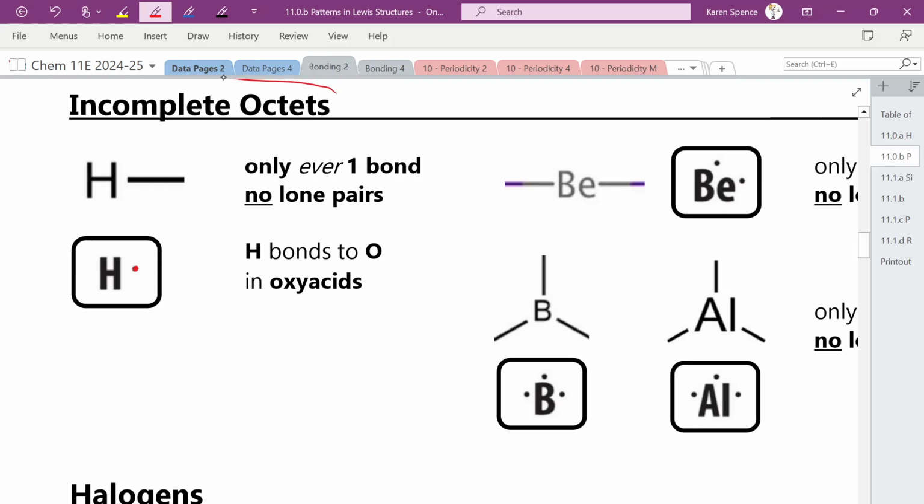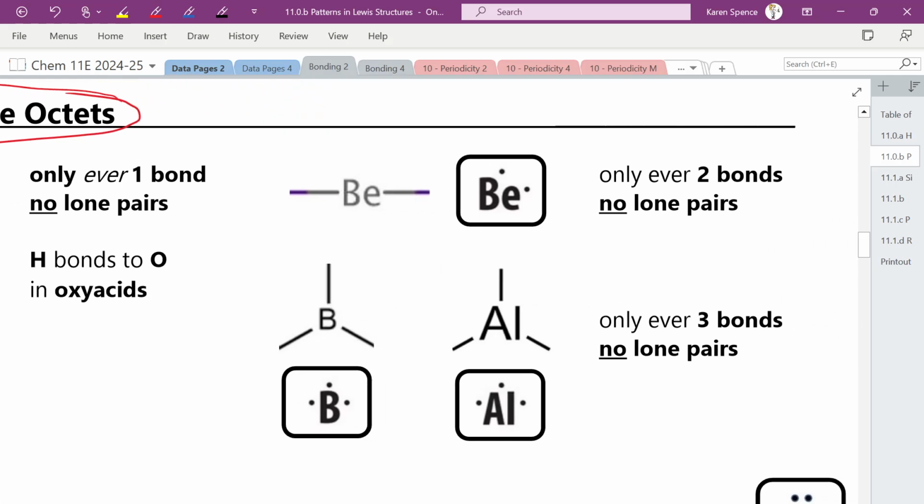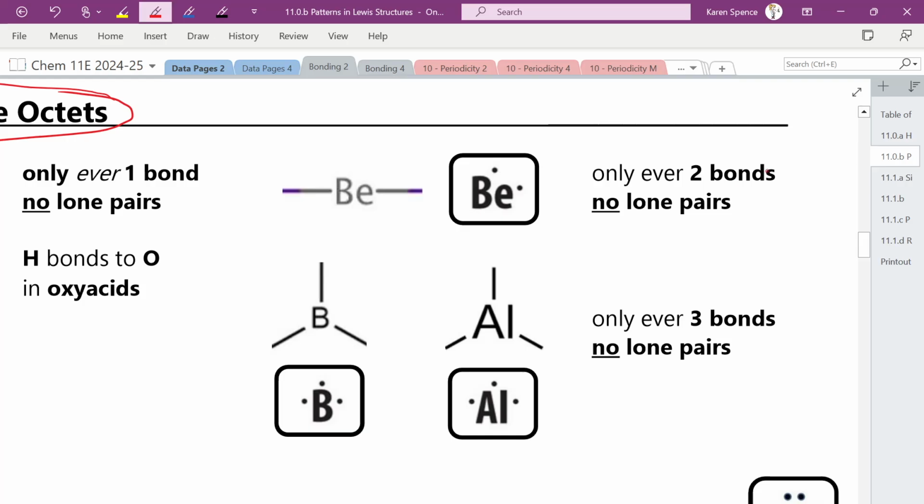These are our incomplete octets, so you can refer to this while you're learning these, okay? And then we have beryllium, which only ever has 2 bonds, no lone pairs, no double bonds.